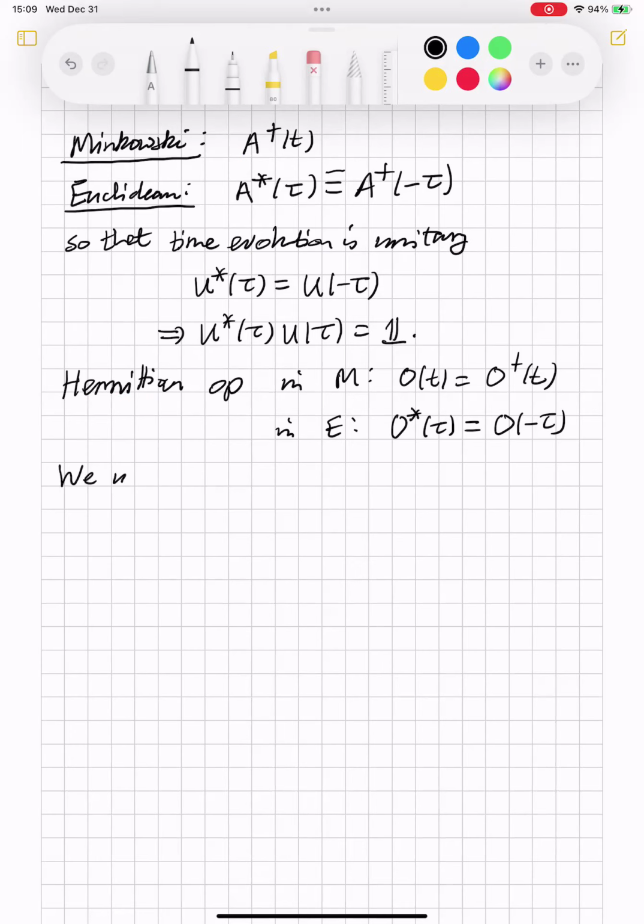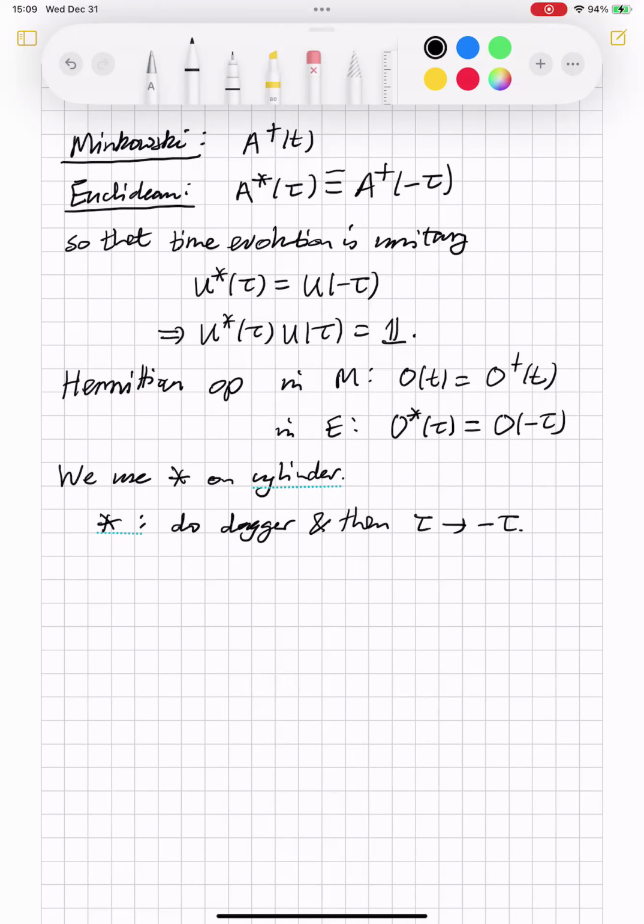Now, let me just stress one thing. We use our new definition, we use star, on the cylinder. And on the cylinder, what is star equal to? Star means do the normal Minkowski dagger, and then tau goes into minus tau.